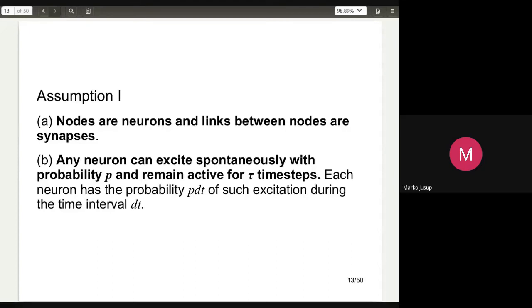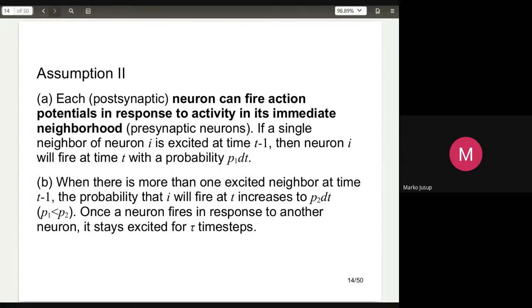I don't really have to talk about neurons. It could be pretty much anything that can change from state 1 to state 2, and it can do that spontaneously, or as we have in the next slide, neurons, when they activate, can also stimulate their neighbors to become active.